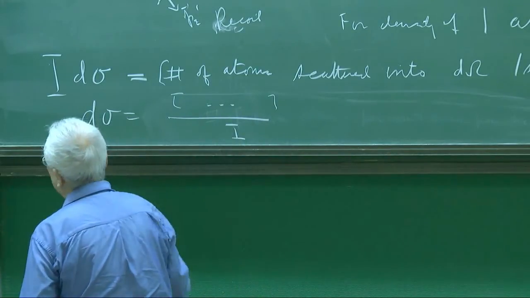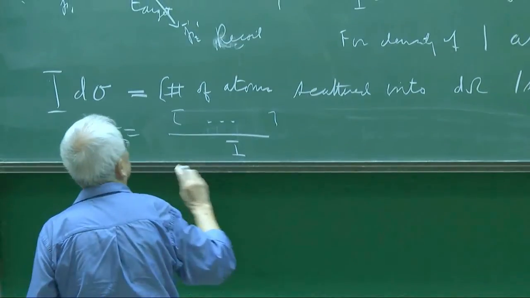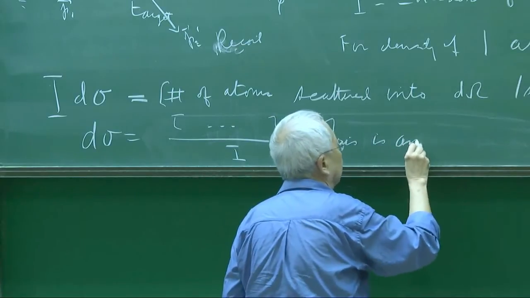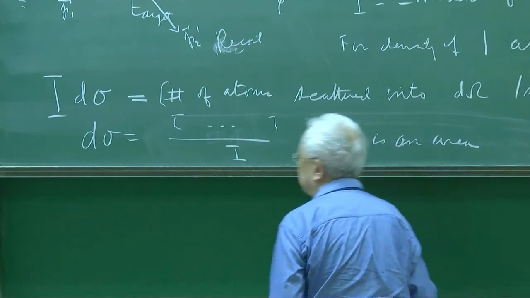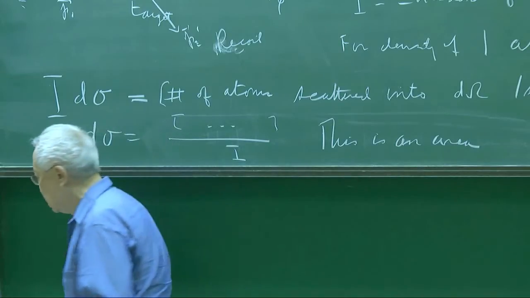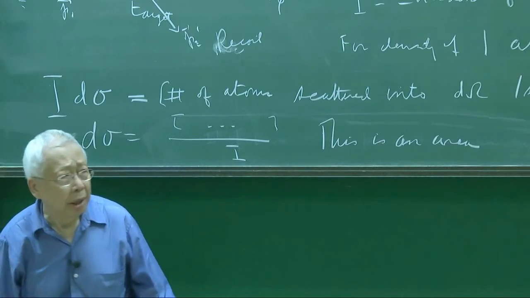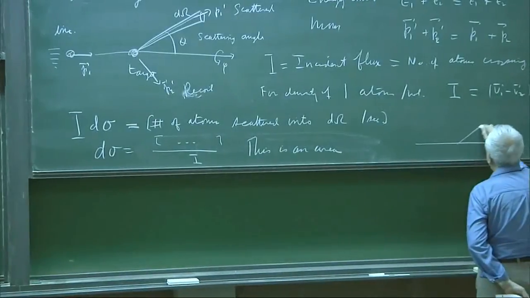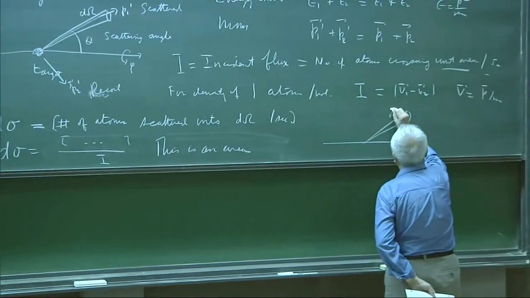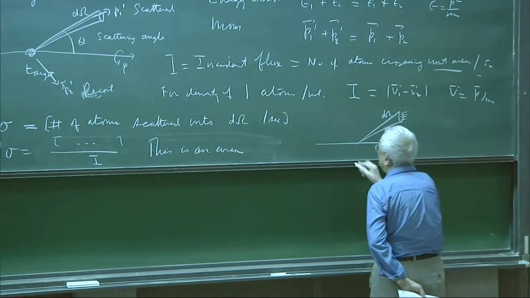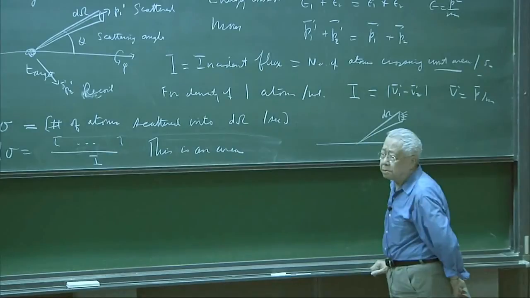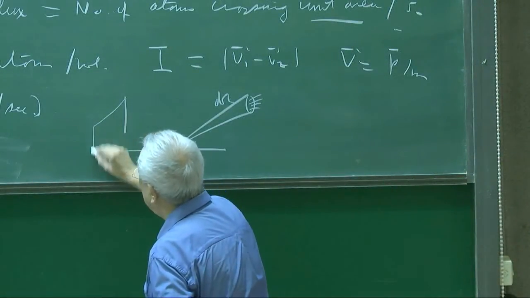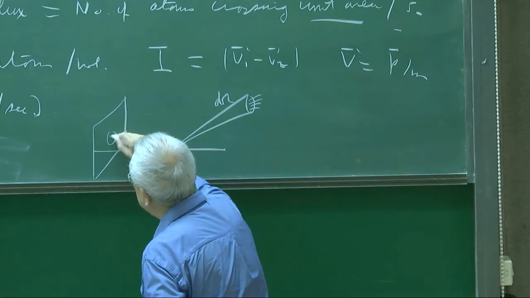And when you look at what this means, d sigma is an area. That's why it's called a cross section. It's called a differential cross section. What area is this? Well, you have these particles scattered into this solid angle d omega. So many scattered per second. Now you ask how many particles scattered into this omega? It's d sigma. And what is d sigma? D sigma is equal to the area cut out in the incident beam.